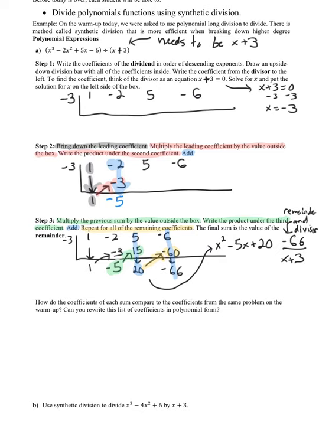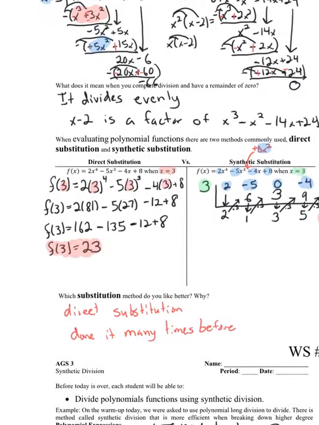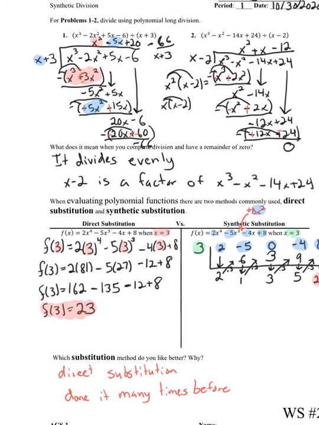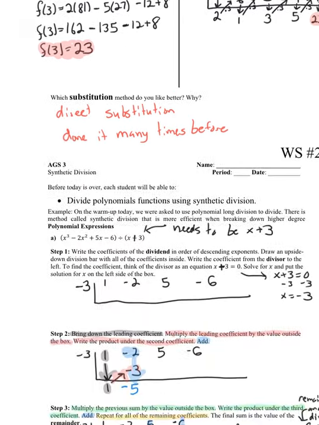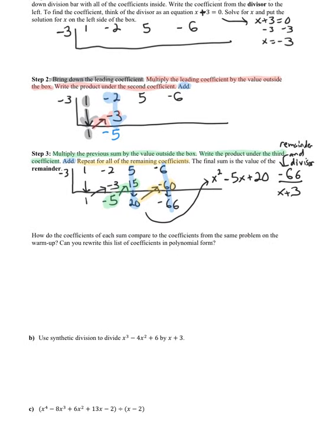The reason I wanted that to be x plus 3, which I forgot to change, is because I'm comparing this to the warm-up problem that we did, polynomial long division. Problem number 1: x squared minus 5x plus 20 minus 66 over x plus 3. How do these coefficients compare? They should be the exact same.